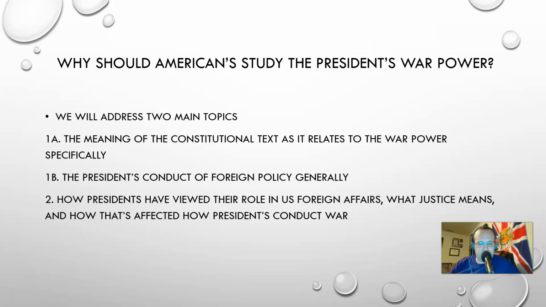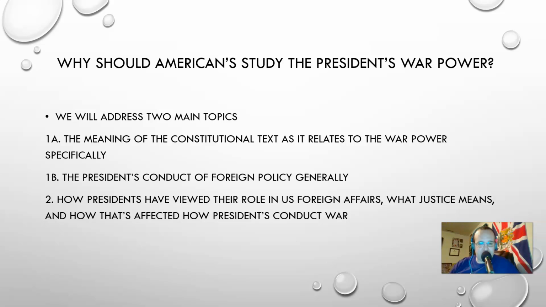The president's conduct of foreign policy. Now, if you watched the vice presidential debate, Senator Harris had it pretty well right. When you boil it down to its most basic element, foreign policy is just relationships.